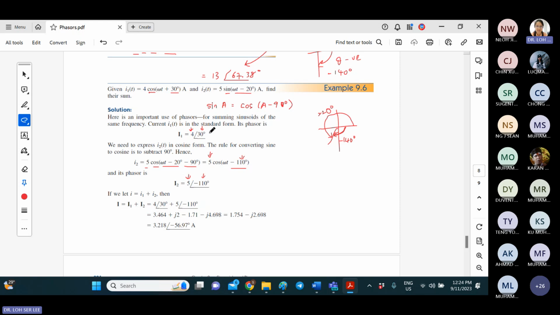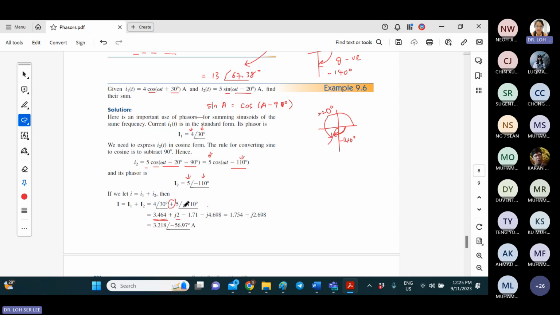Now we want to sum up the first and second phasors, but we can't sum them up in polar form. We have to convert them into rectangular form because this is a plus. So 4 cos 30, you get this, and then plus j 4 sine 30.